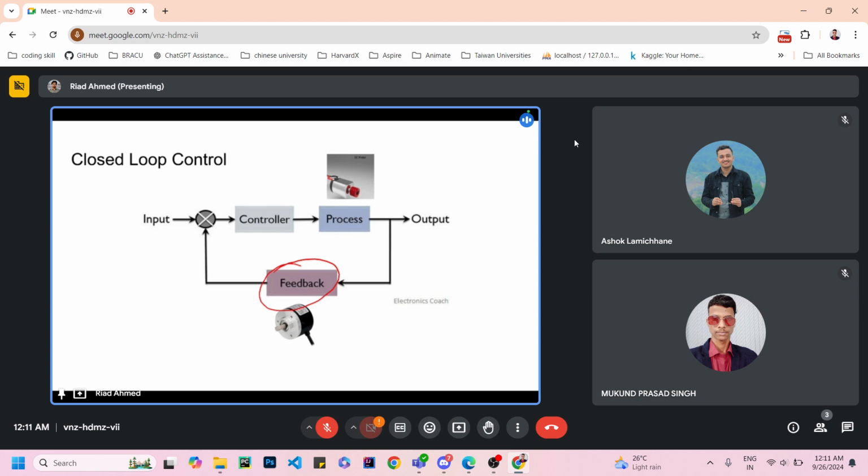But now you can see that this is a block. We can say that all of these things are blocks, and every block always accepts only one input and always generates only one output.